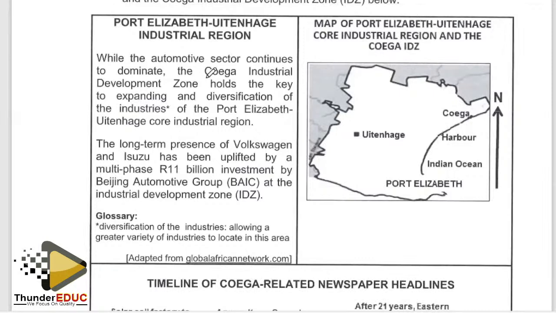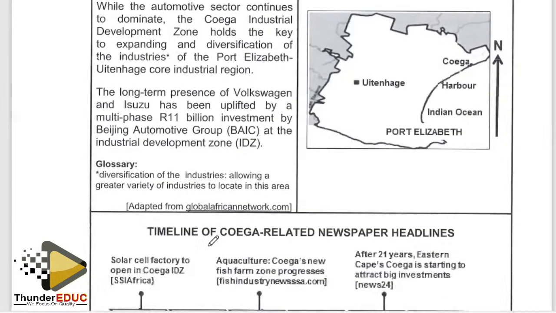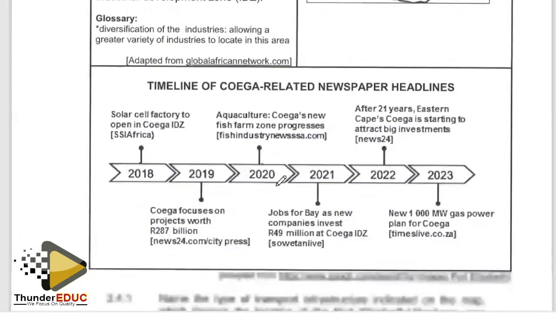The long-term presence of Volkswagen and Isuzu has been lifted by a multi-phase 11 billion investment by Beijing Automotive Group at the industrial development zone. Diversification simply means allowing greater variety of industries to locate in the area.